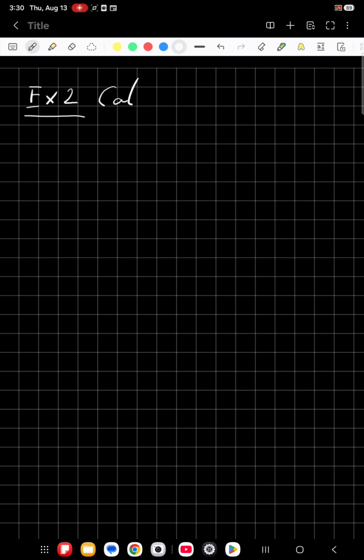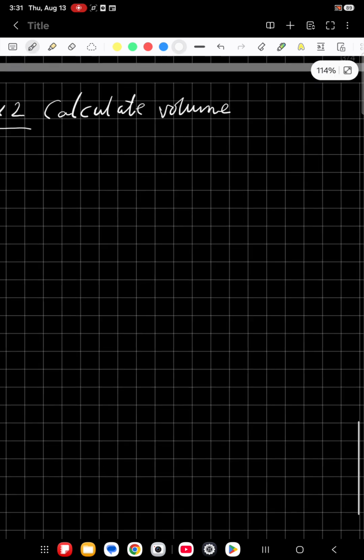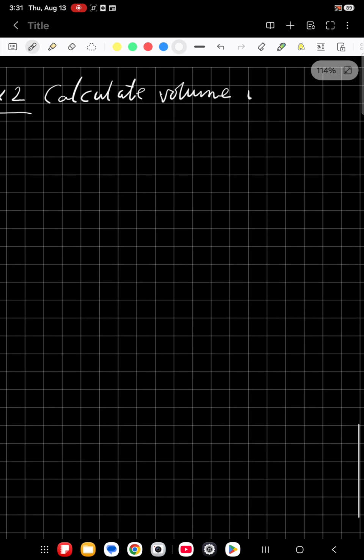So this time I'm not going to write the full sentence, just calculate volume. The function is square root of sine x. And the boundaries of integration are from 0 to pi.